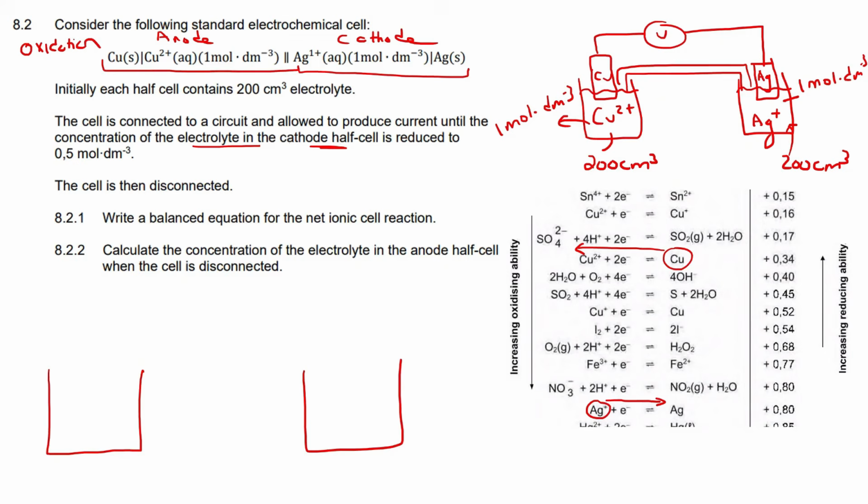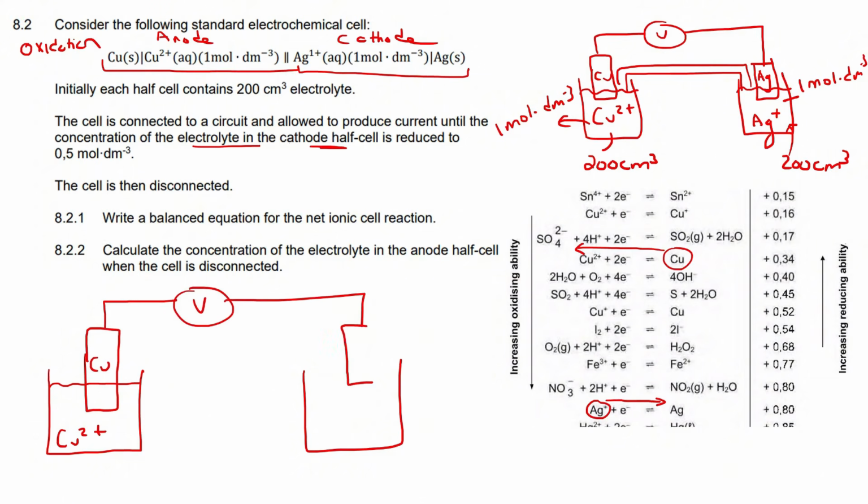So in this liquid, we've got Cu2 plus, and then the electrode is the copper metal itself, and then we've usually got some type of voltmeter, and then the electrode, and then inside we have the Ag plus liquid. And then obviously we need a salt bridge. I was just testing to see if you're awake. Once we finish this question, it'll make even more sense.